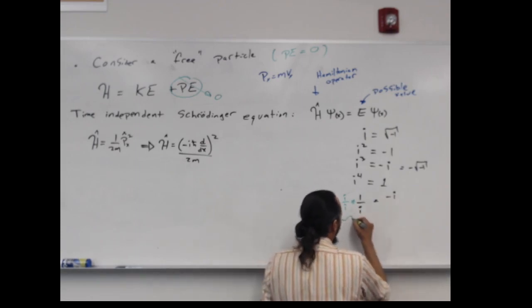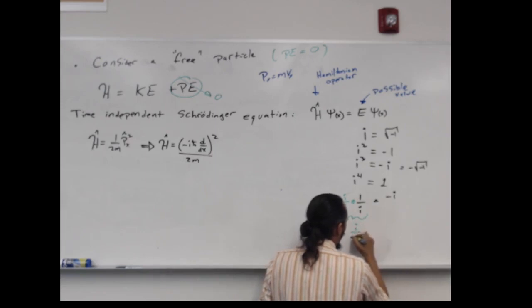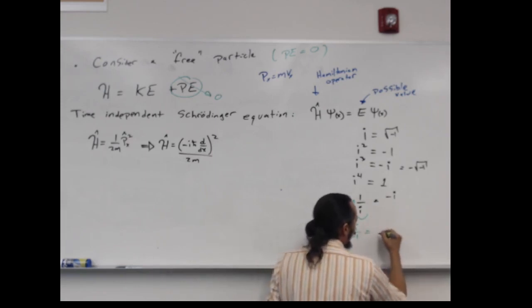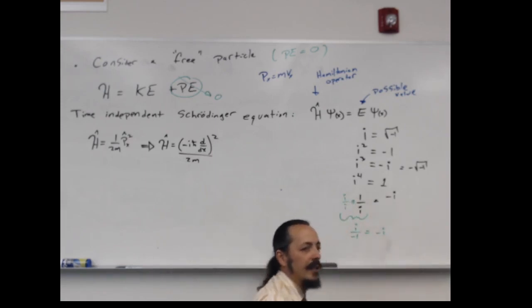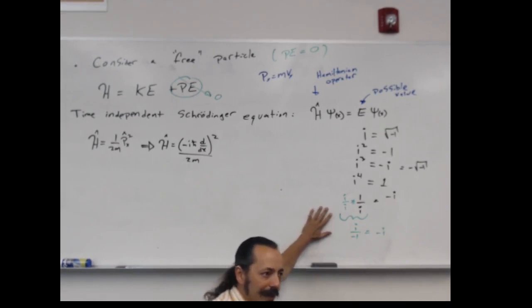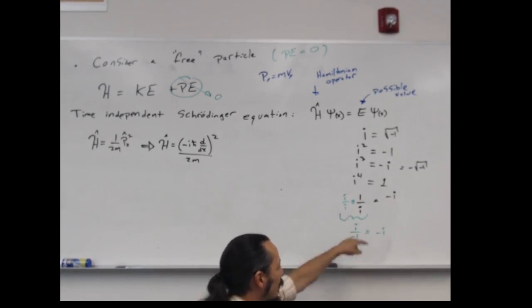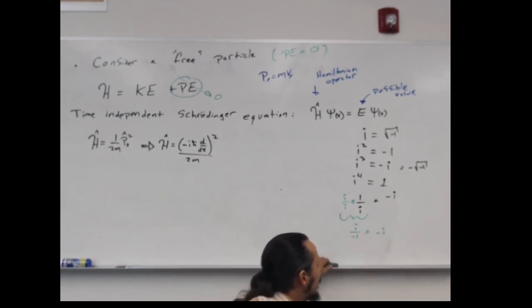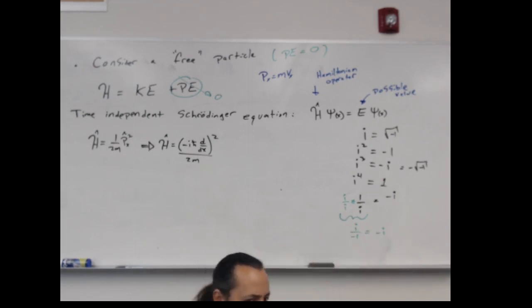This chunk ends up being I over negative 1, which is equal to negative I. So you'll see things flipped that way every once in a while. Don't be scared by it. This is a weird math trick. Some people find it easier to write 1 over I instead of writing negative I. Depending on which book you're looking in or which video you're watching, you'll see it done different ways. It's all equivalent to each other.